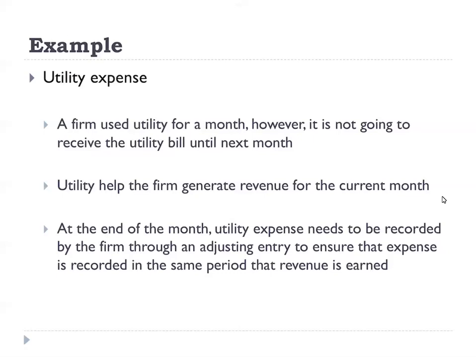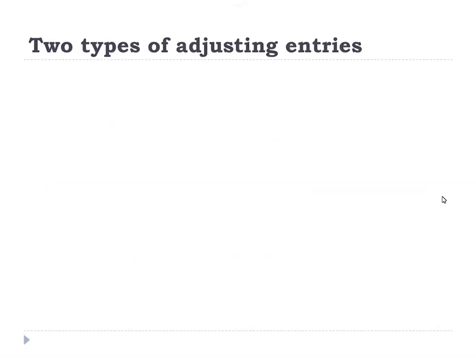So those are some examples of adjusting entries and why we need to make them as a result of accrual-based accounting. When we talk about adjusting entries, there are actually two types. One is called deferrals. The other is called accruals.